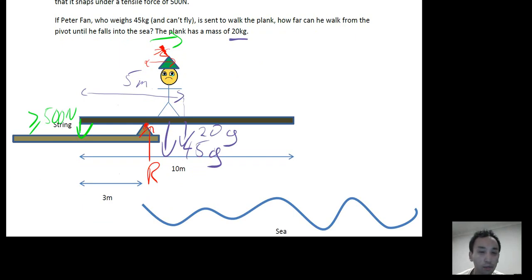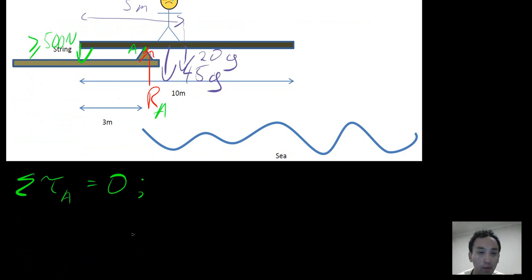Okay, so we're going to sum the torques at the fulcrum. We'll call this point A. And we'll say that it's in equilibrium while the string tension here is 500 newtons. Let us suppose that going up is positive, going right is positive, and going anti-clockwise is also positive.